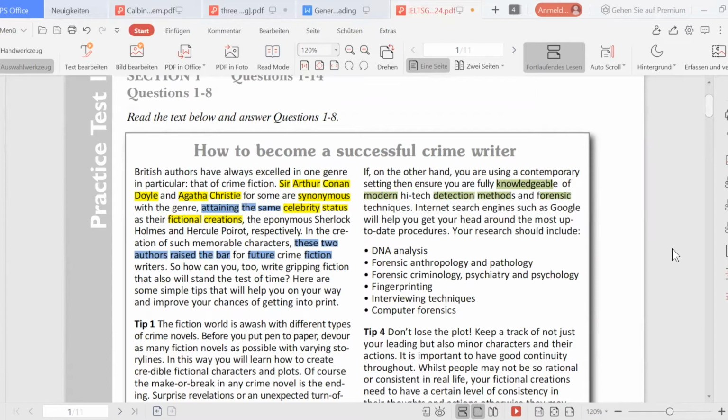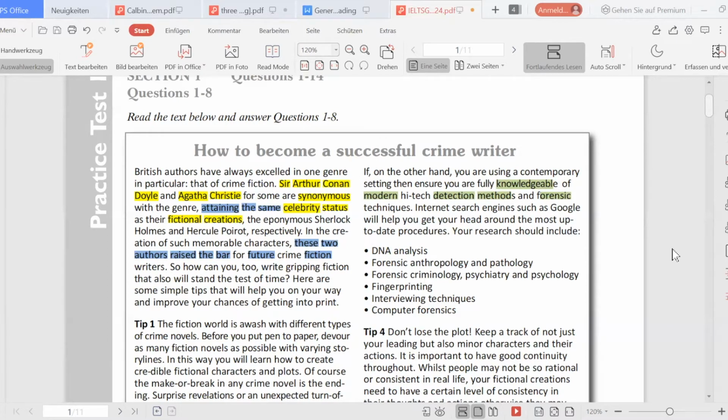So I've identified the majority of my keywords, the most important ones. I start with that sentence, which says: if, on the other hand, you're using a contemporary setting, then ensure you're fully knowledgeable of modern high-tech detection methods and forensic techniques.